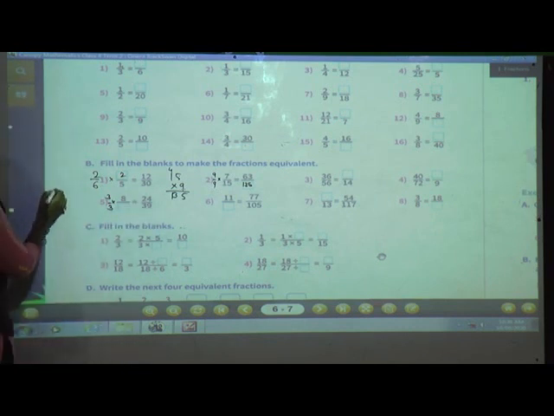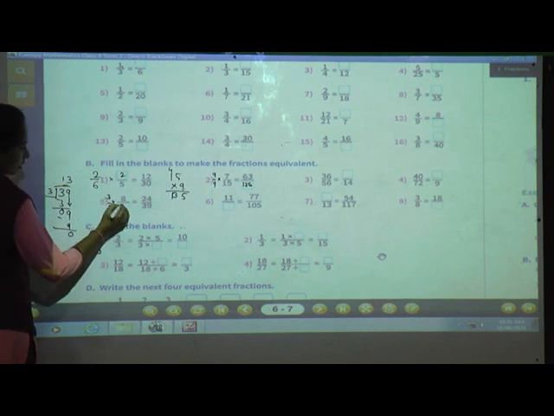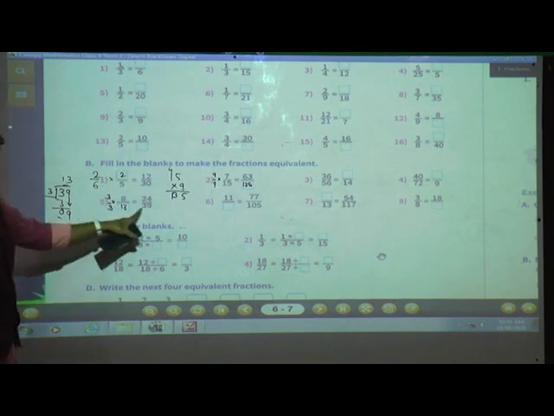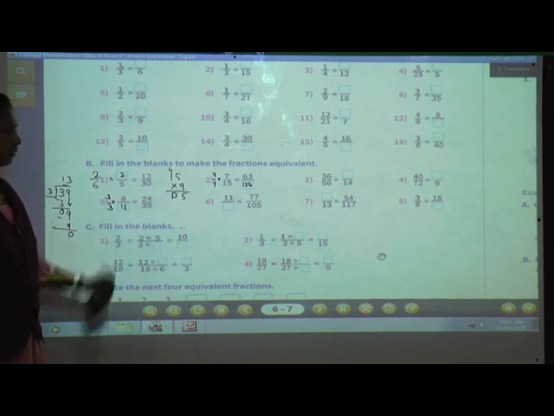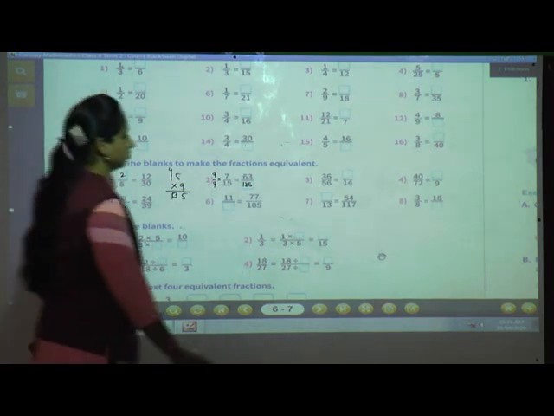Here you can go with division also. 3 1s are 3, 0. Bring down 9, 3 3s are 9, 0. The answer is 13. Again you can cross check, you know the 13 table. 13 3s are 39. Understood? Clear? Yes.